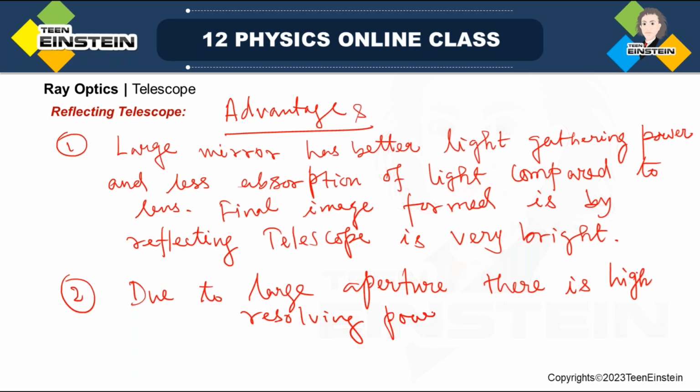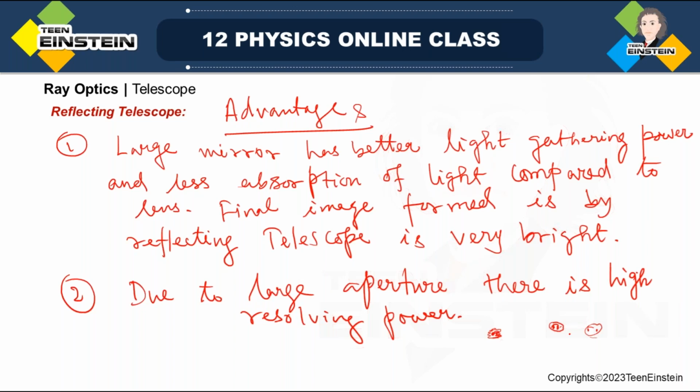Resolving power means, in short, if there are two stars very close to each other, and when you see from very far, you might think that these are together. You'll see a diffused image out of these two point objects. Instead of seeing points, you'll see some fuzzy thing together.